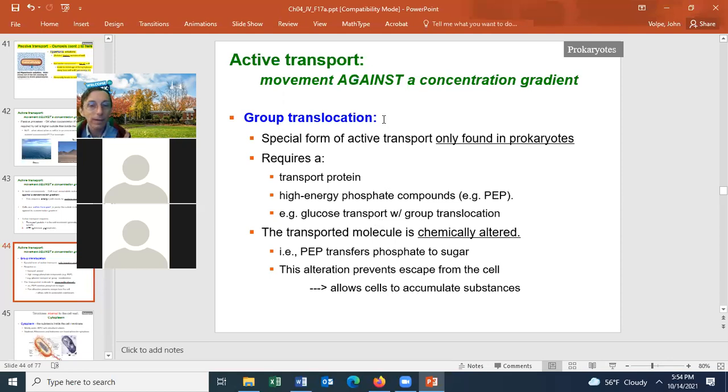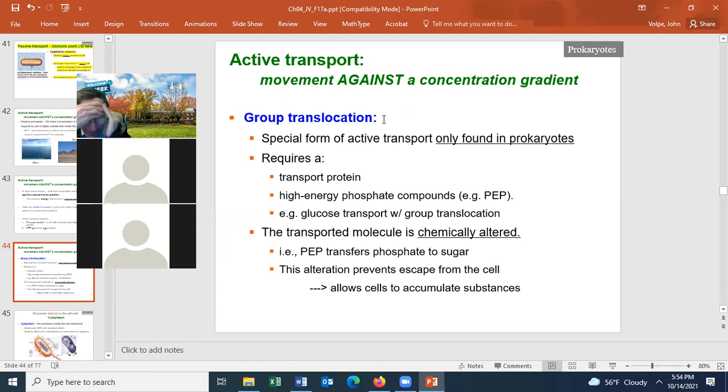Well, think about it. Let's say there were 10 glucose molecules outside the cell, and there's one glucose molecule inside the cell. Is that right? No, that's not right. Let me start all over.